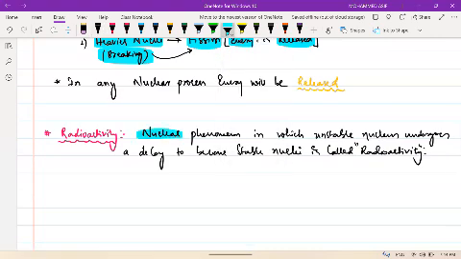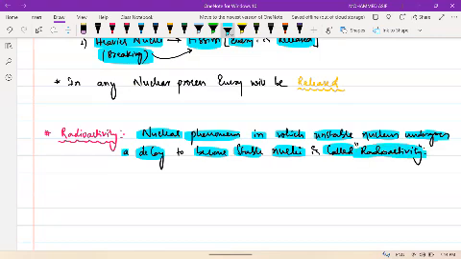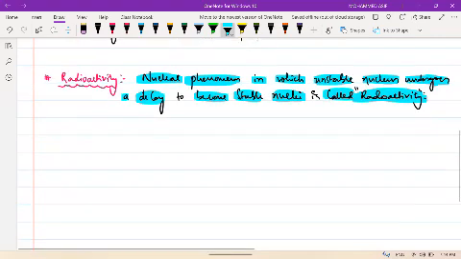What do you mean by radioactivity now? Radioactivity is nothing but a nuclear phenomenon in which your unstable nucleus undergoes a decay to become a stable nucleus. In our syllabus, we have three radioactivity phenomena.